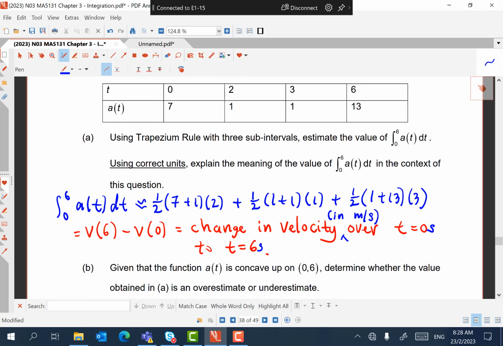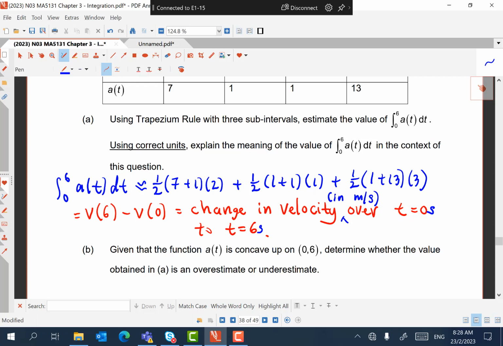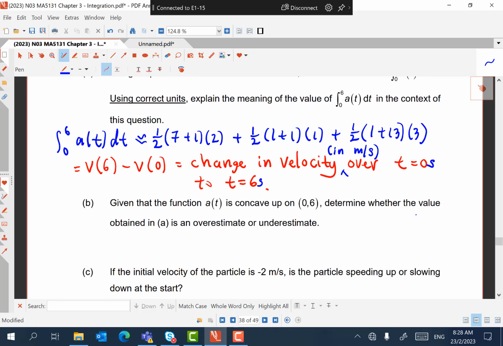Then the next part is, given that this thing is concave up on 0 to 6. Concave up means like this. They are saying that the graph looks like this.